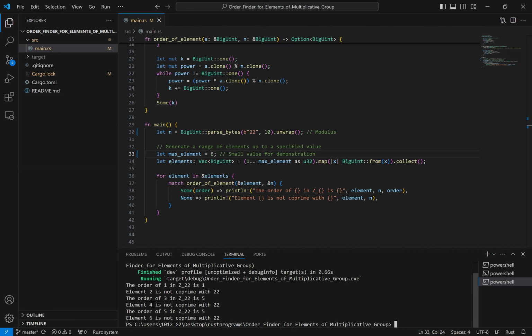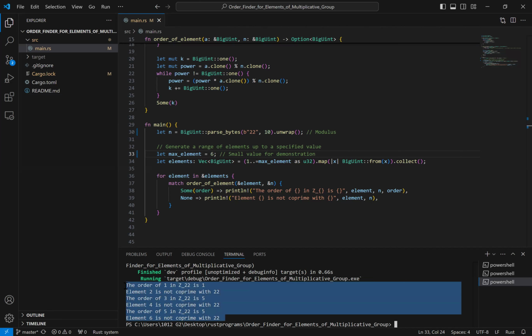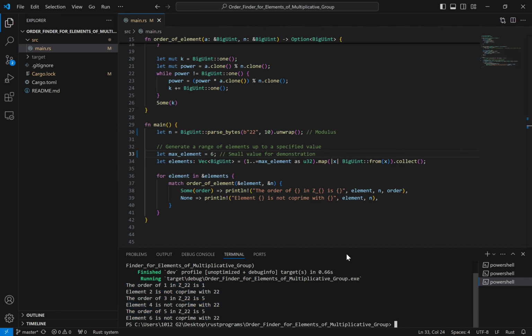Yes, it considers elements 1, 2, 3, 4, 5, and 6 only. So you can set a maximum of where you want it to consider, and it does that. That is the importance of this. It gives you where you want it to reach.